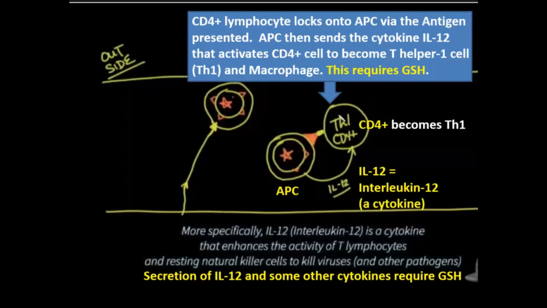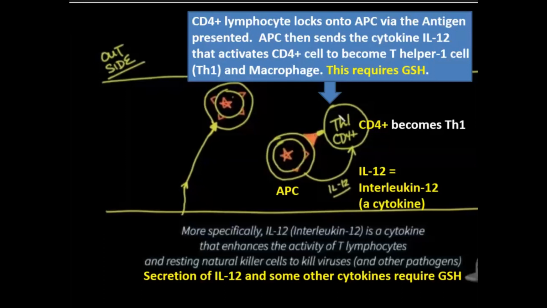Okay, for example, the APC that presents the antigen, and the CD4 plus lymphocytes, right? The CD4 plus lymphocyte locks onto the APC via the antigen presented. The APC then sends the cytokine IL-12 that activates the CD4 cell to become a T helper 1 cell.